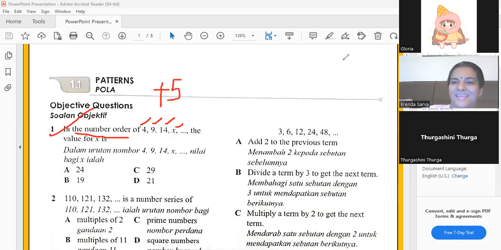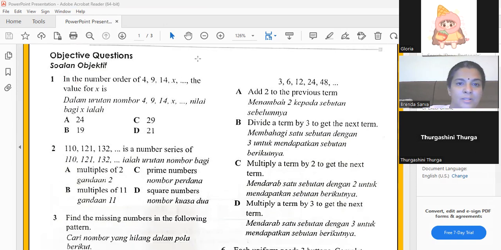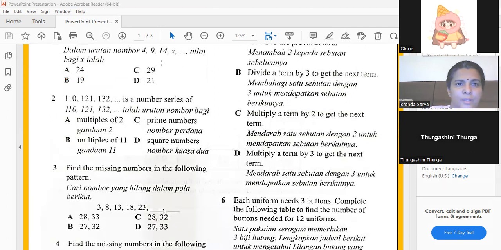So 14 plus 5, you get 19, and that's how you get your answer B. Well done. Now, next question, number 2: 110, 121, 132 is a series of what?